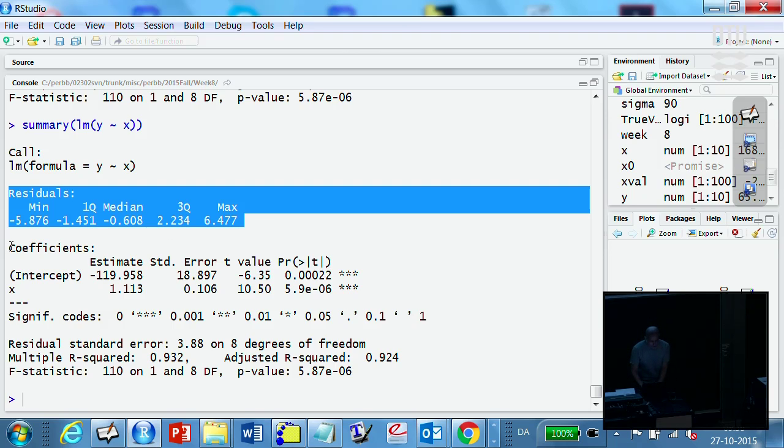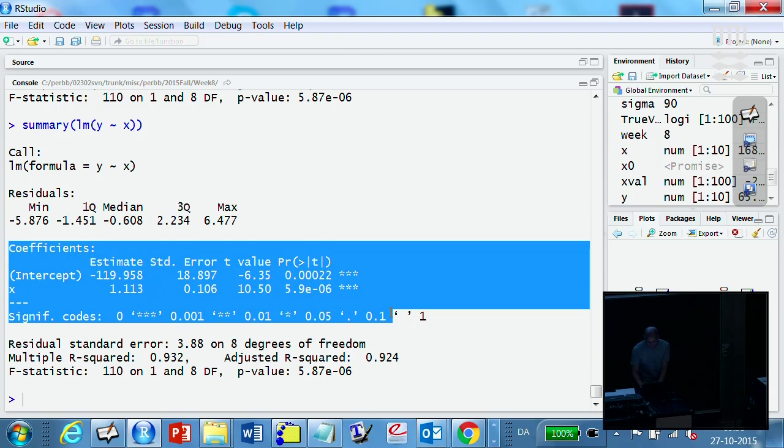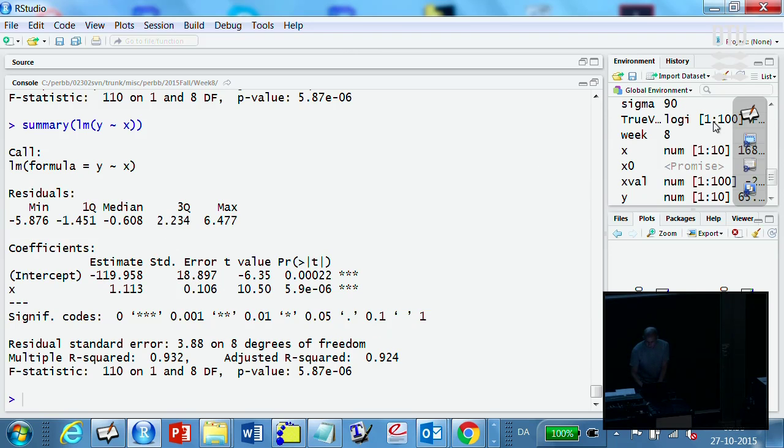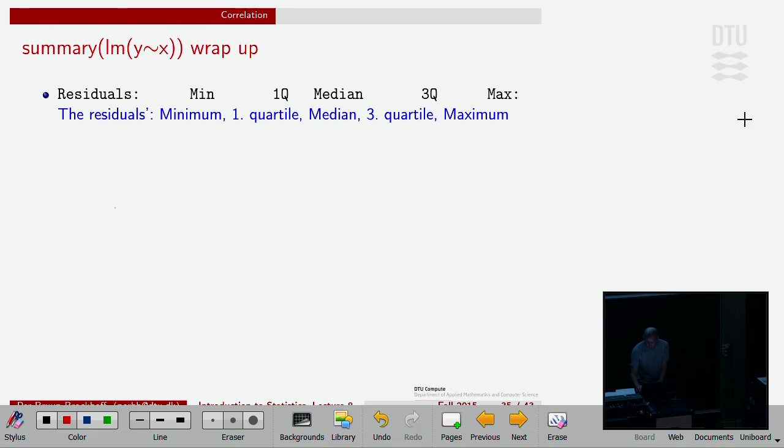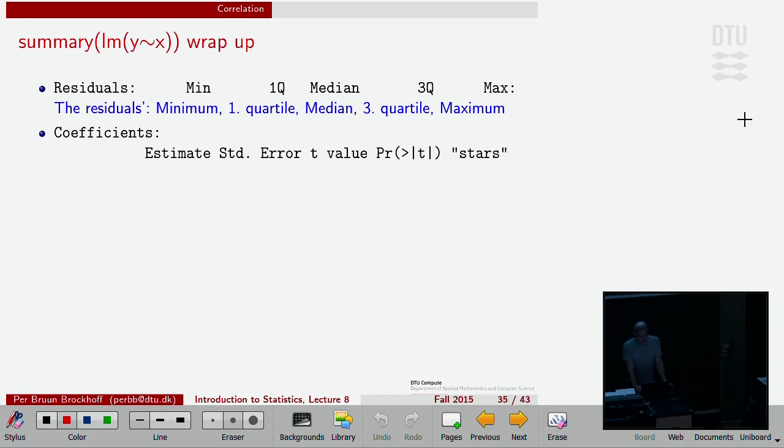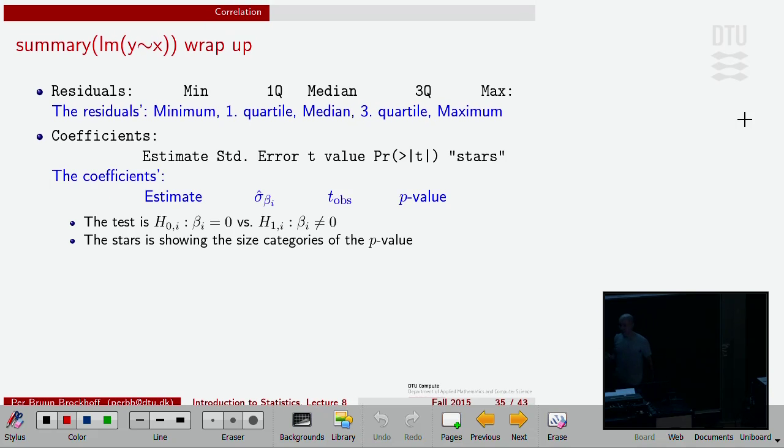Then we have discussed this a lot. Let's see, I think I summarize it in my slides. We get the estimates. The heading of this object in R is called coefficients, and coefficients is the name for beta 0 and beta 1, the coefficients of the model.